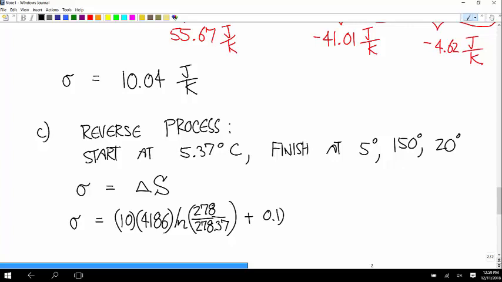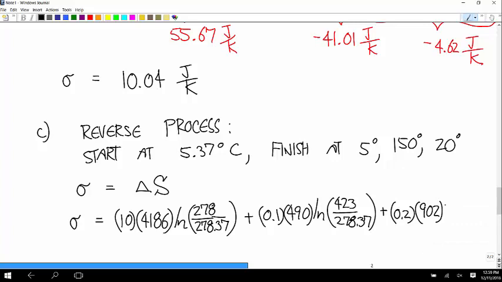plus 0.1 times 490 times natural log of 423 over 278.37 plus 0.2 times 902 times natural log of 293 over 278.37.